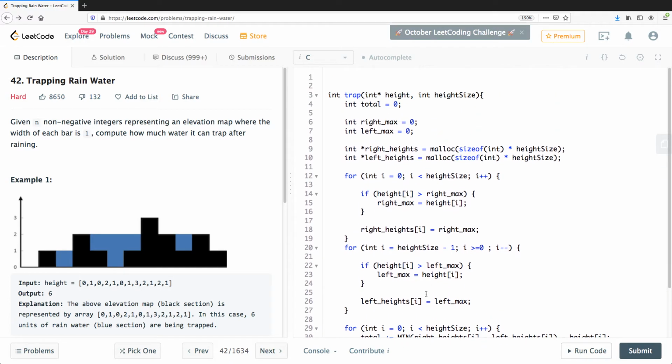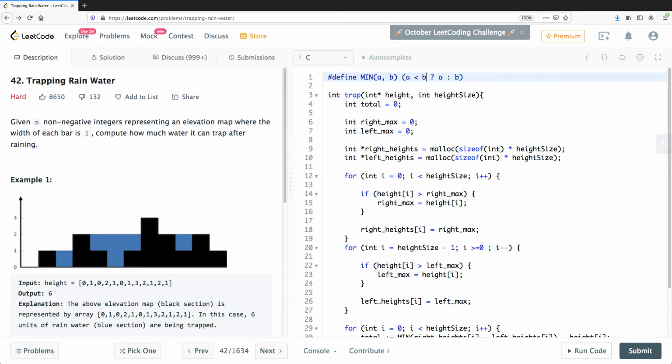But we haven't implemented min yet, so we have to implement this. We say define min, and that is not very hard. All we need is a less than b ternary operator, then we say a, otherwise we return b.